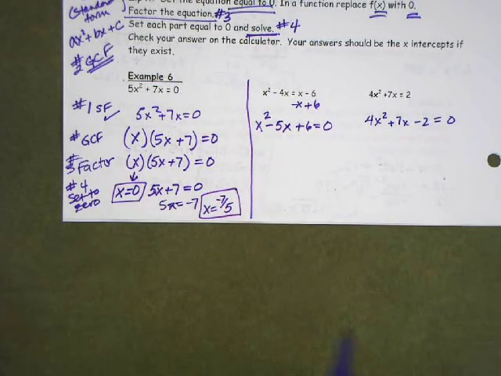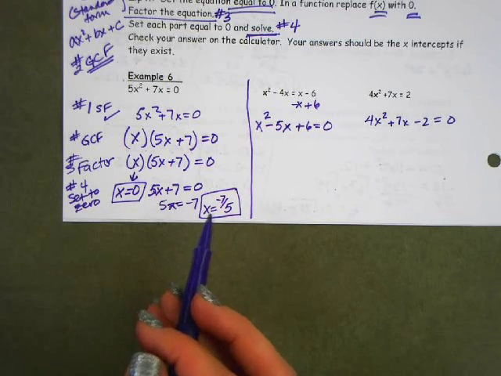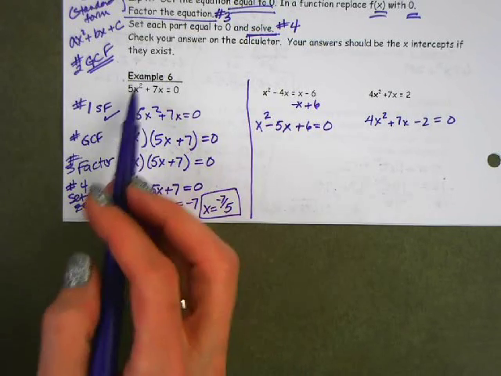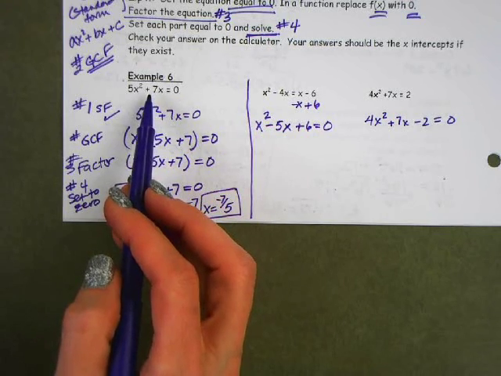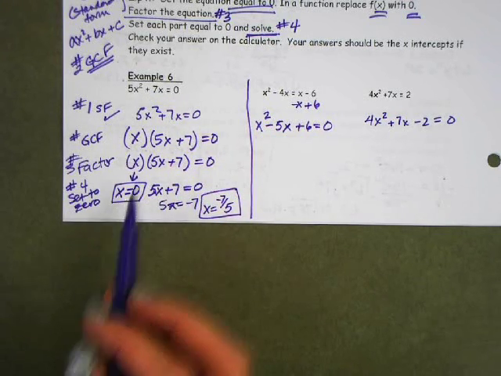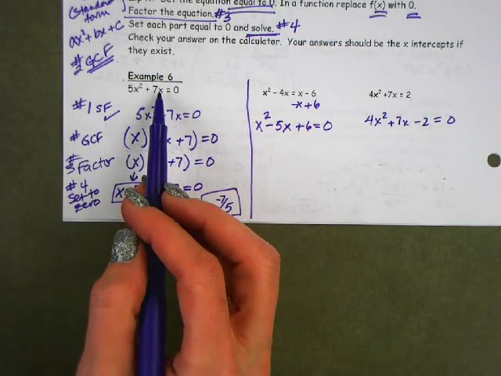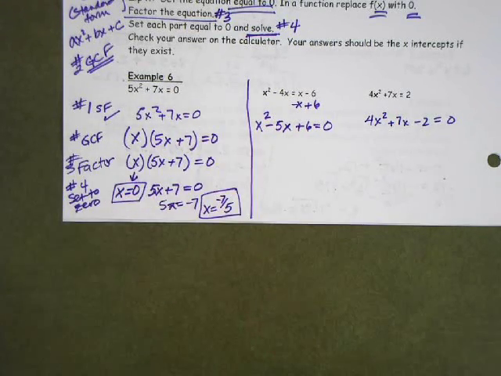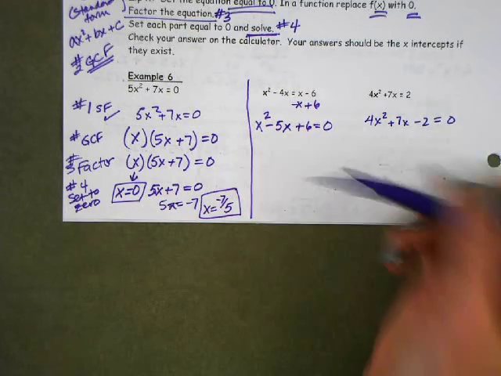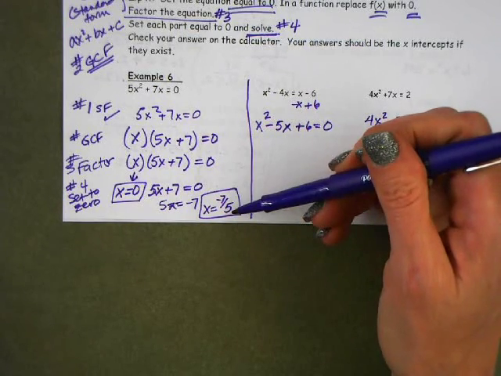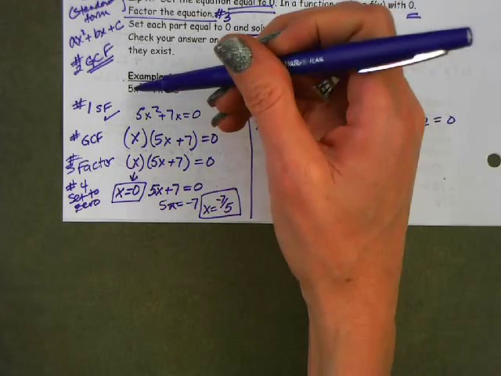How many solutions am I supposed to have for the quadratic? We said that the very first day. 2. Do I have 2 answers? I do. So now I could plug these in and say, well, does that work? So let's say I plug in 0. If I plug in 0 here, I got 5 times 0, which is 0, plus 7 times 0, which is 0. Does 0 equal 0? Yes. Okay? If I do this one, I'm going to take it up here and plug it in. I'll just do the math for you really quickly.